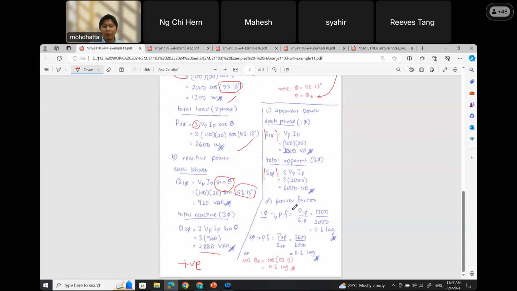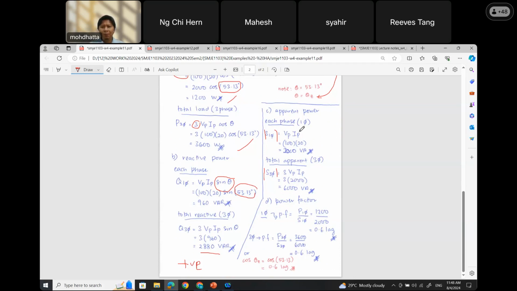In terms of its calculation, it is very simple. Get the magnitude of voltage and current for the phase. Again, we start the calculation from the phase quantities. So here, the apparent power for single phase is 2000 VA, and for three phase, we have 6,000 when we multiply the single phase by 3.